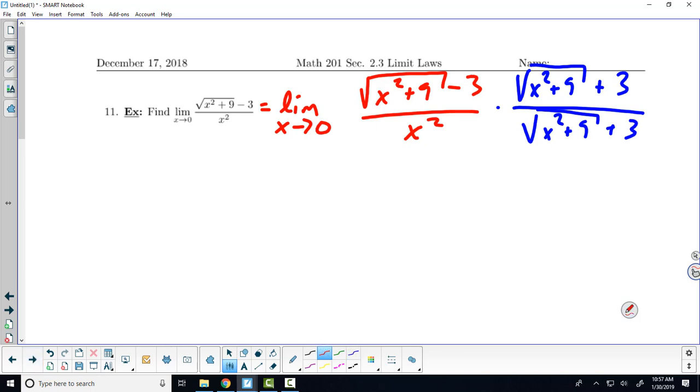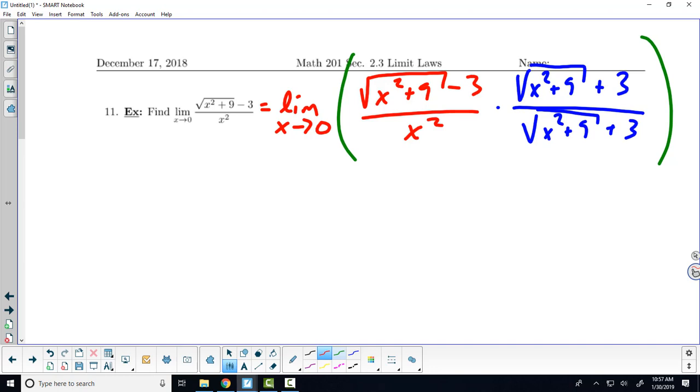All of that is happening inside the limit. Again, the conjugate of a binomial is the same two terms, but with an opposite middle sign. That's what I mean by conjugate.